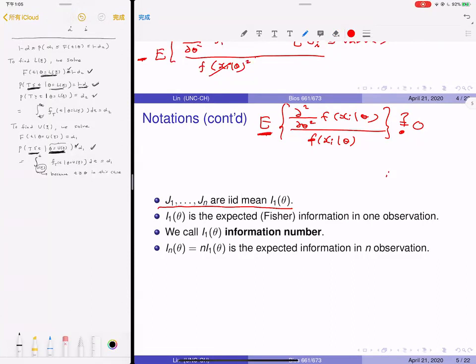And then we always call I1 theta the Fisher information, if you heard about that before. Not only the expected information, but also the Fisher information from a single observation right here. Then we call this the information number. And then In theta is n times I1 theta, because of the accumulation of n individual observations.